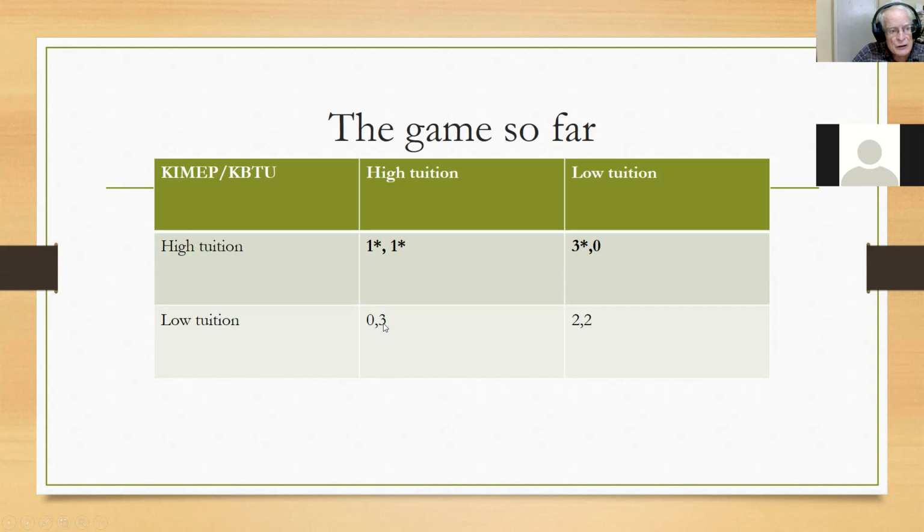Remember that the payoff to KTTU is given by the second number in each cell. So if CNET charges low tuition, KTTU can receive 3 points by charging high tuition rather than low tuition. So the best response of KTTU to the rival's low tuition is to charge high tuition.